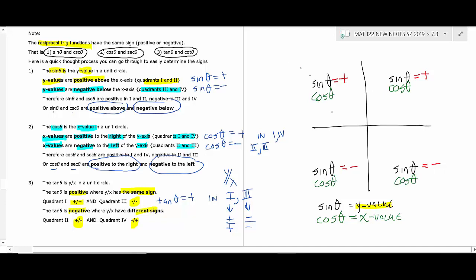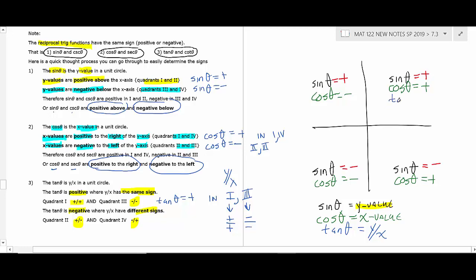All right, so here's what I think of. Okay, the cosine, x is positive to the right. So that would be the two places where the cosine's positive. X is negative to the left, so it would go like that. Okay, and then finally the tangent. Tangent of theta is y over x.